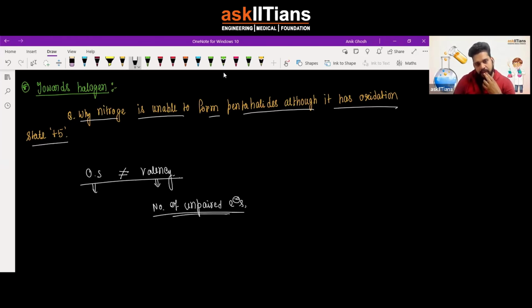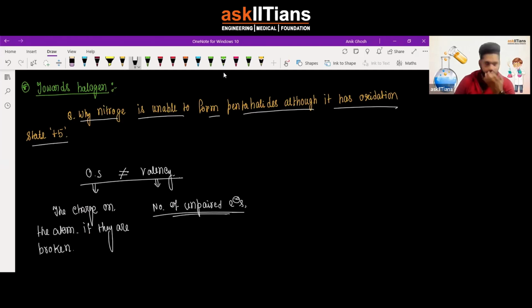An oxidation state is the charge on the atom if the bonds are broken as an ionic compound.